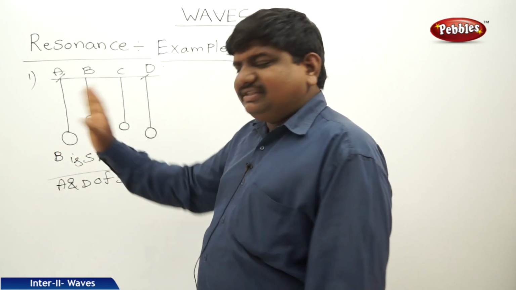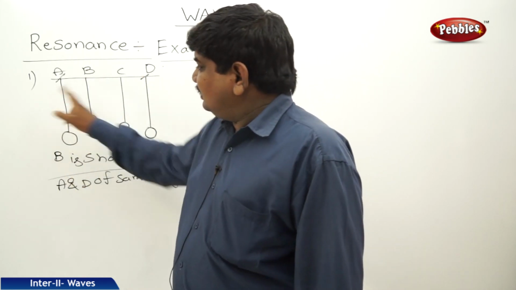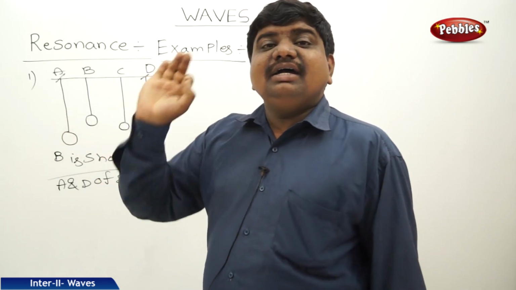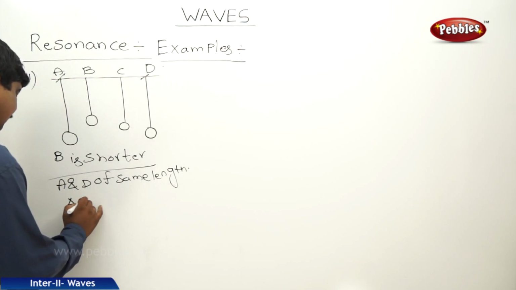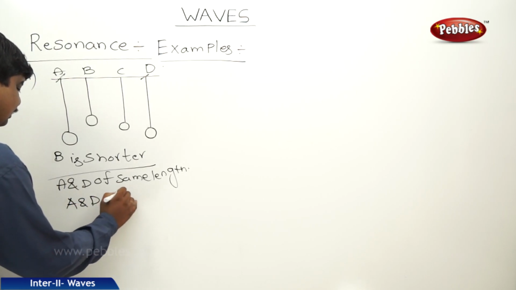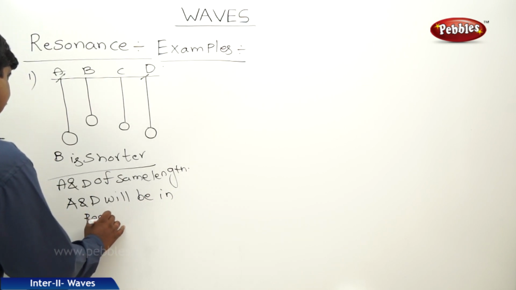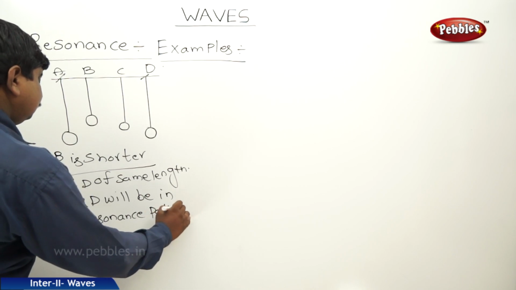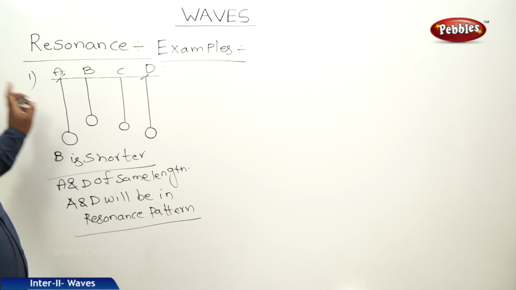A and D are of the same length, because of that they will catch the frequency easily and their frequency will be matched. Then we can say that A and D will be in the resonance pattern. This is one of the cases.